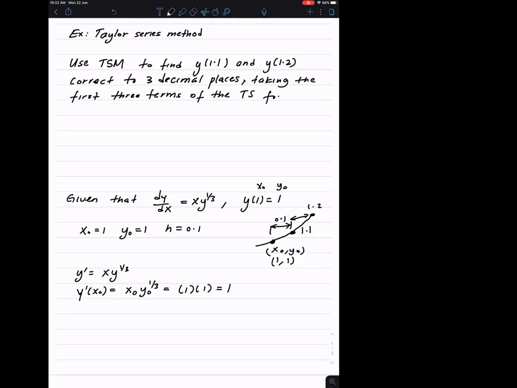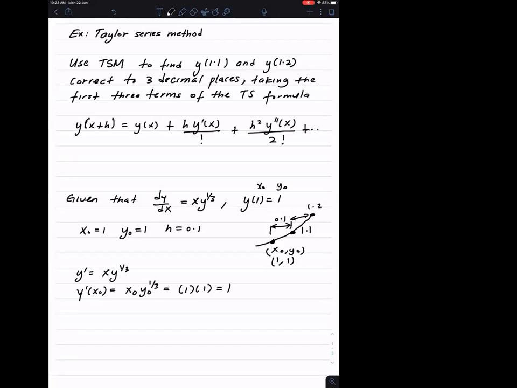The general Taylor series formula we know: y of x plus h, where x is the initial point and h is the step size. So this is the Taylor series.